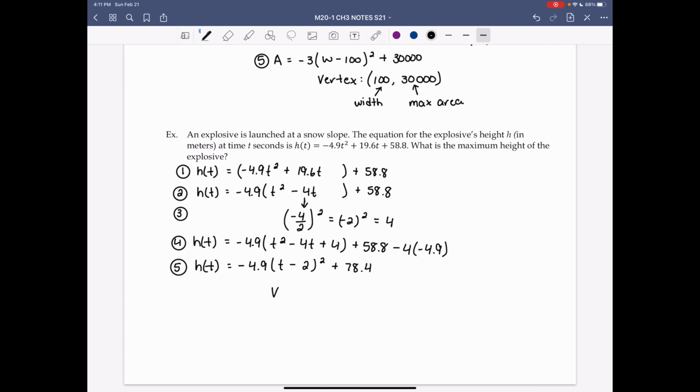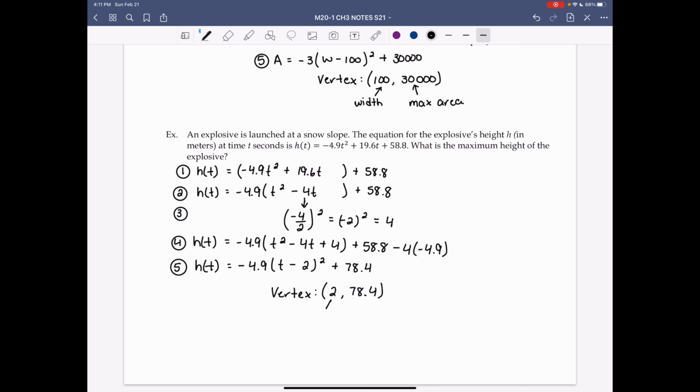Then the vertex would be 2, since it's t minus 2, then the x value is 2, and 78.4. What do these values mean for this question? Well, our variables in this question were t for time in seconds and h for height in meters.